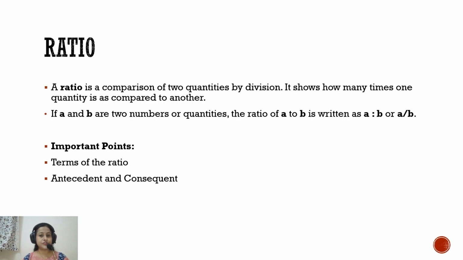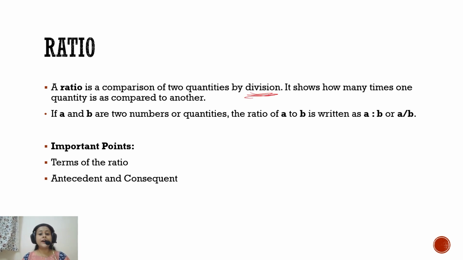So what is ratio? As you can see from the slide, a ratio is a comparison between any two quantities or amounts of two variables by division. We will always use division in expressing any ratio.